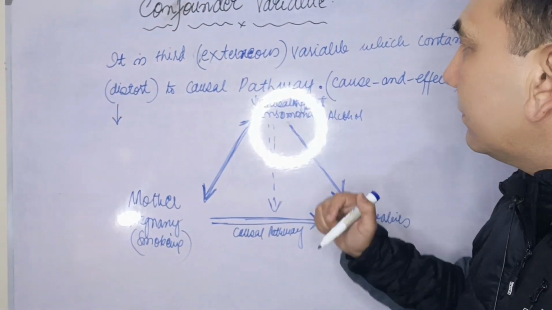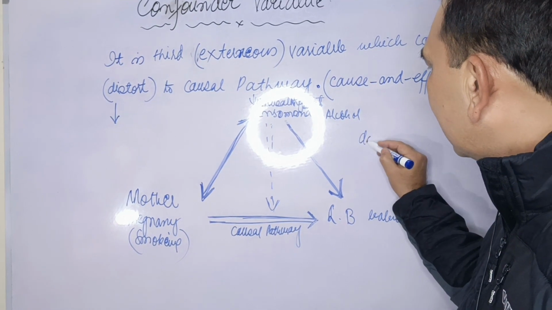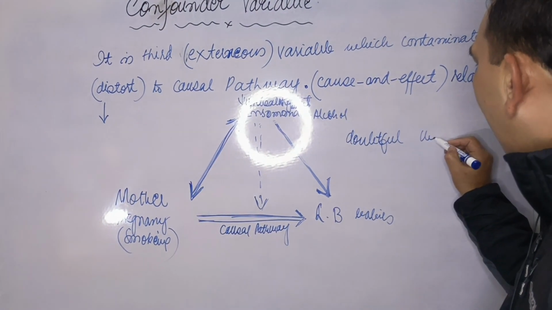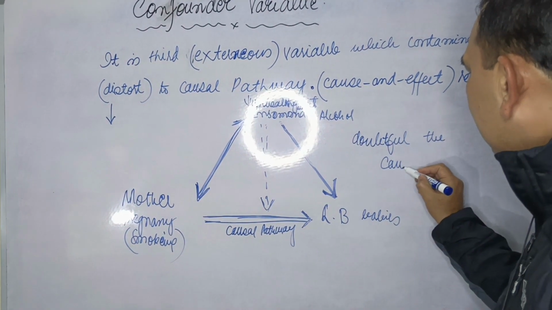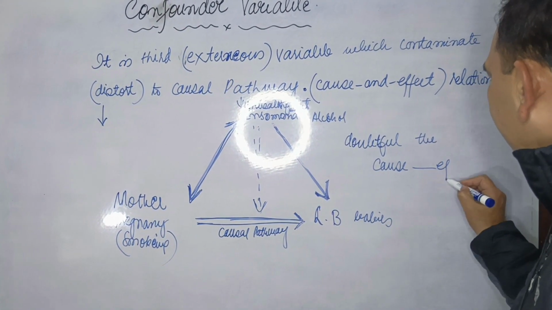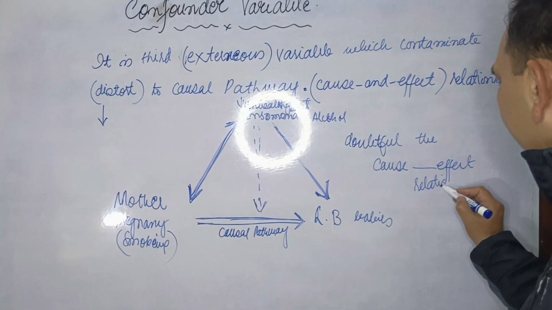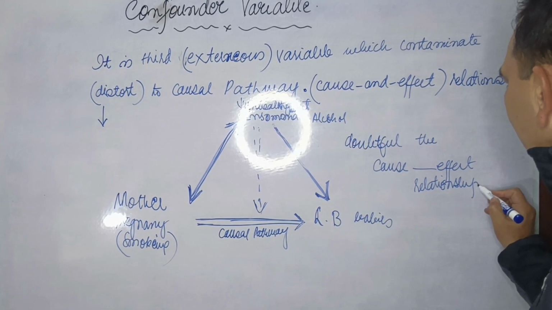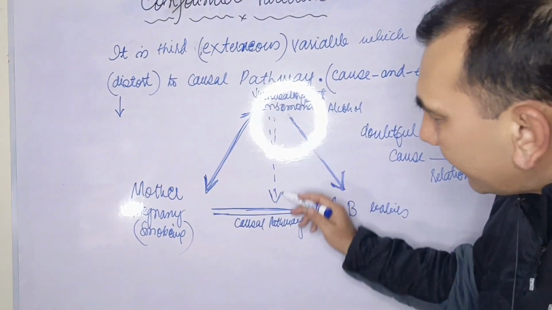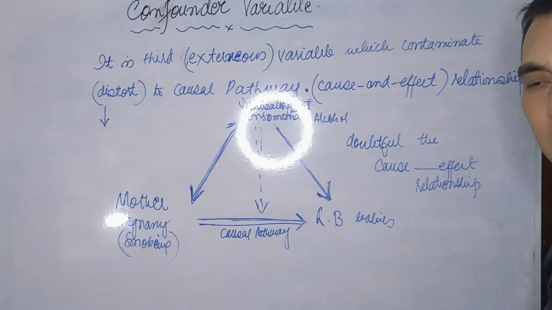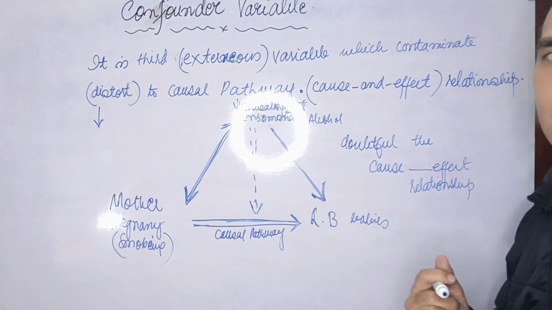What is the confounder? Actually, the confounder makes the cause and effect relationship doubtful. It makes a spurious association.